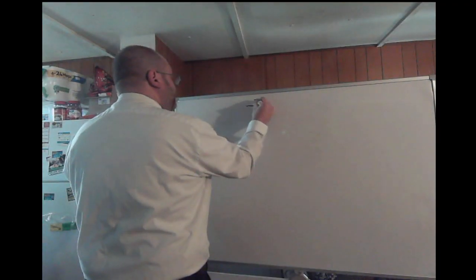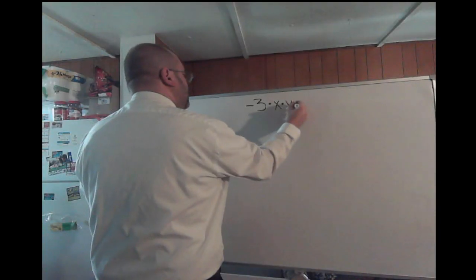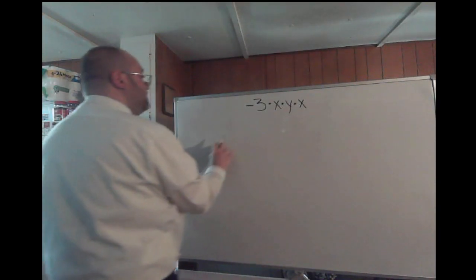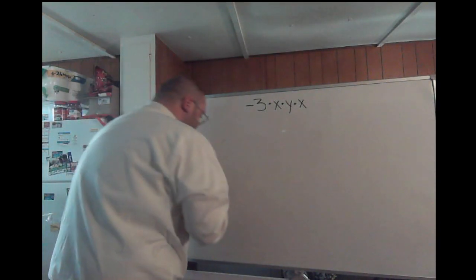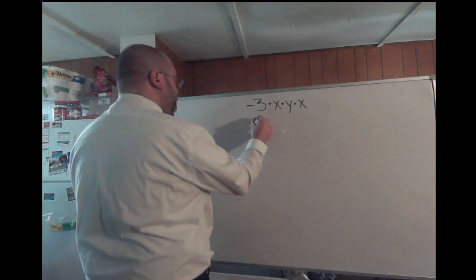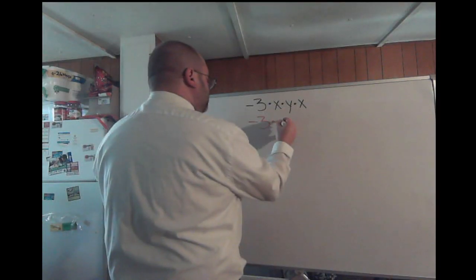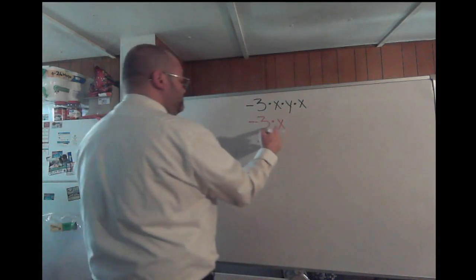Alright, negative 3 times x times y times x. Okay. So again, we got that constant of negative 3. Let's single that out first. You'll have negative 3 times, now x comes before y, so let's do our base x.